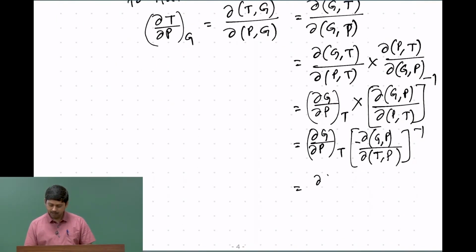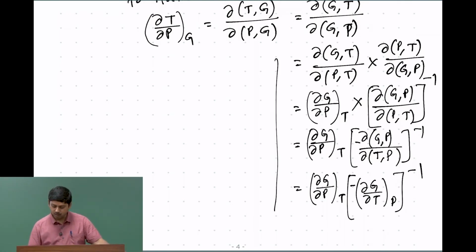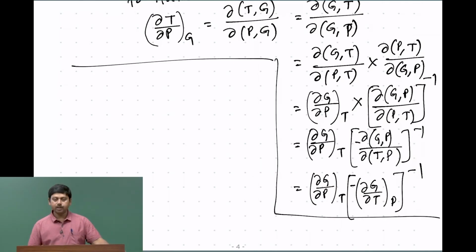So, you can write del G by del P at a constant temperature, and this one you can write as del G by del T at a constant pressure. Of course, there is a minus sign and inverse of that. So, you see that we can bring the thermodynamic potential to the numerator, because that will help, because many of the derivatives contain where the thermodynamic potentials is at the numerator.